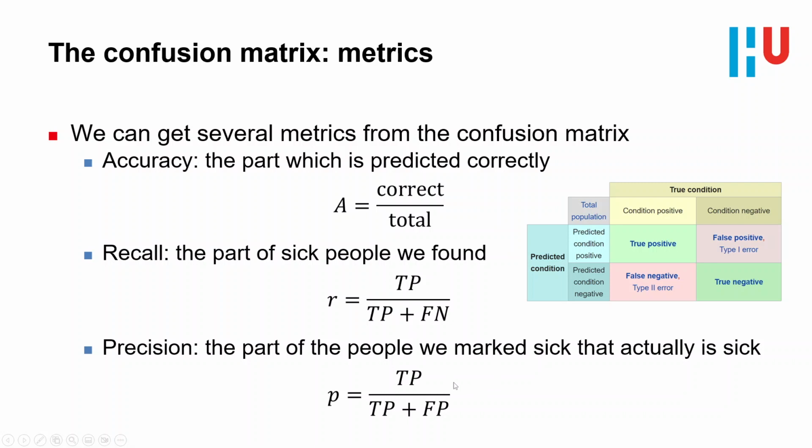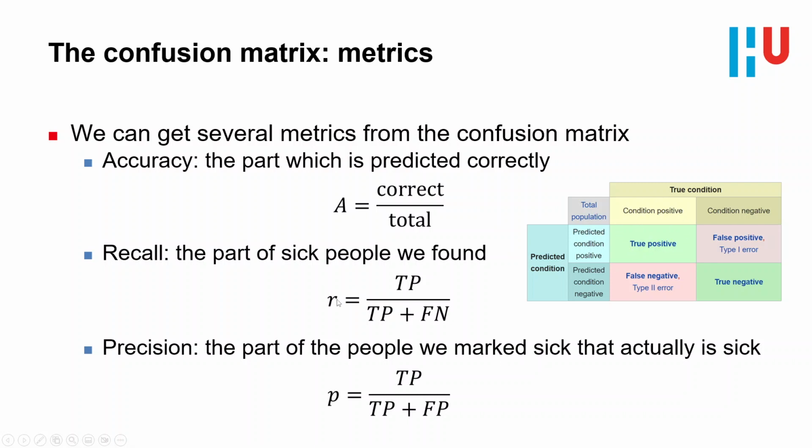And the precision, and again this is all based on that false negative, false positive, true negative matrix which we had before. The precision is the part of the people we marked sick that actually is sick. So that's the true positive over the true positive plus the false positive. So these are the people we said were sick, but only this part is actually sick. Okay.